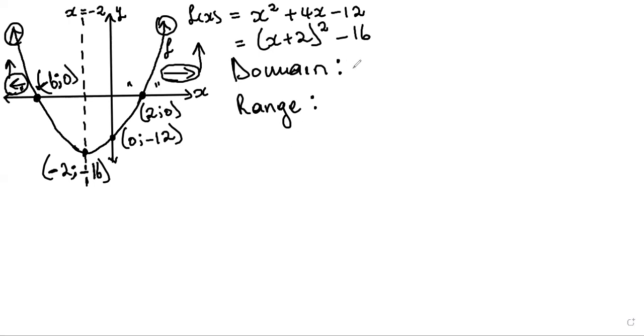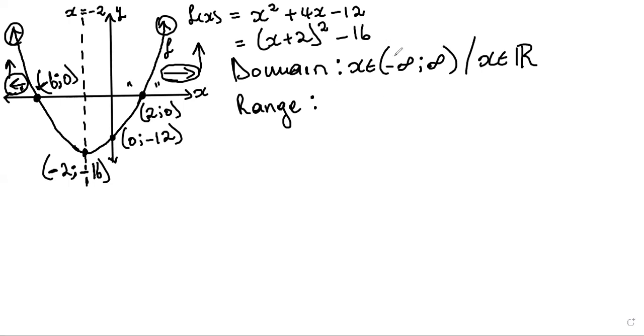So here you'll tell us that the domain is going to be an element of all the values of x from negative infinity all the way to positive infinity. Or if you prefer, you can say x is an element of real numbers because any value of x is defined. You must understand that the function keeps on going to the right, it keeps on going to the left.